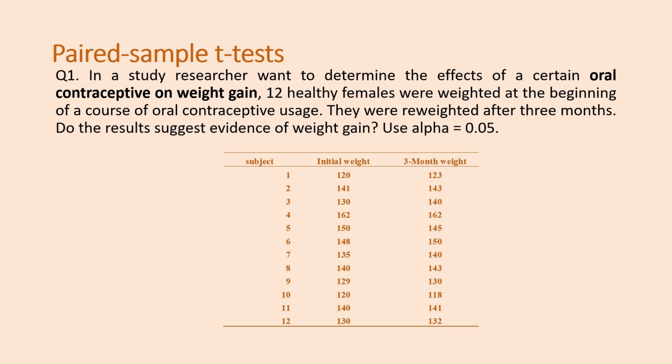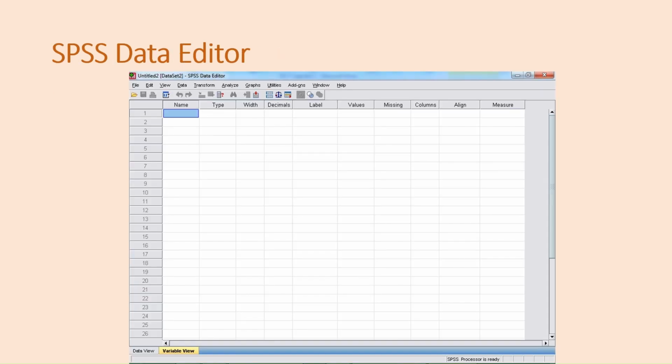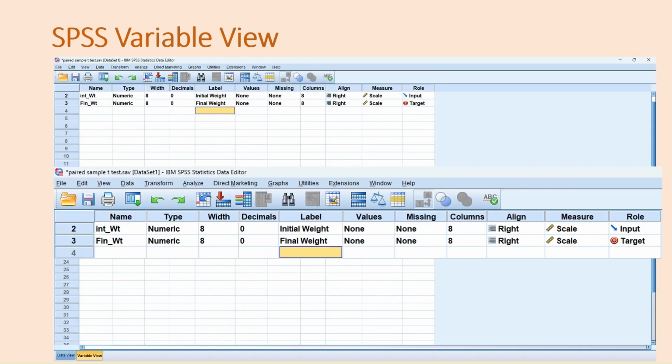First we open our SPSS data editor and go to variable view to create our variables. Here we create two variables, initial weight and final weight after 3 months of using oral contraceptive pills.